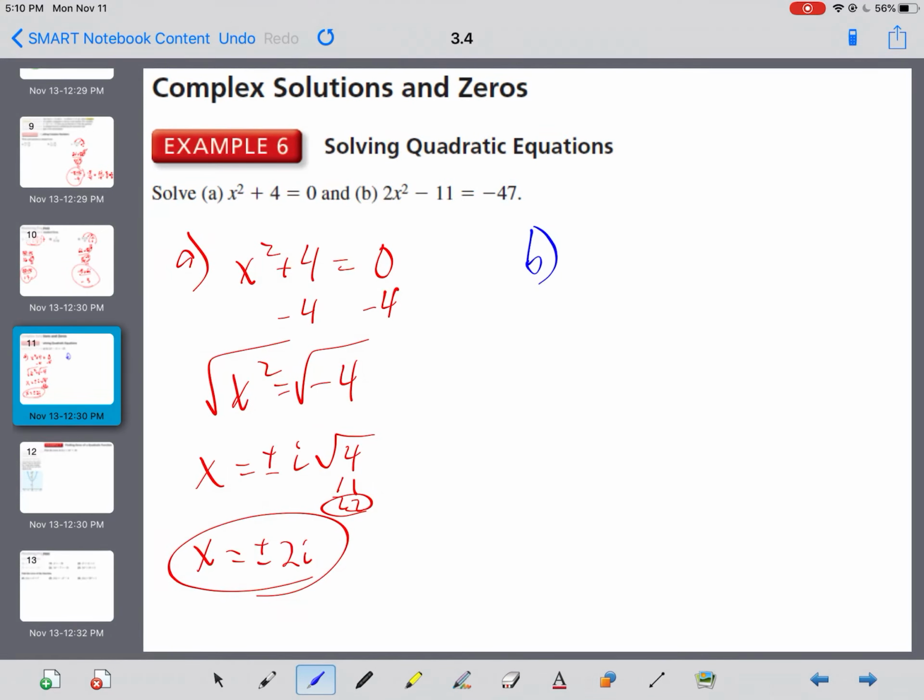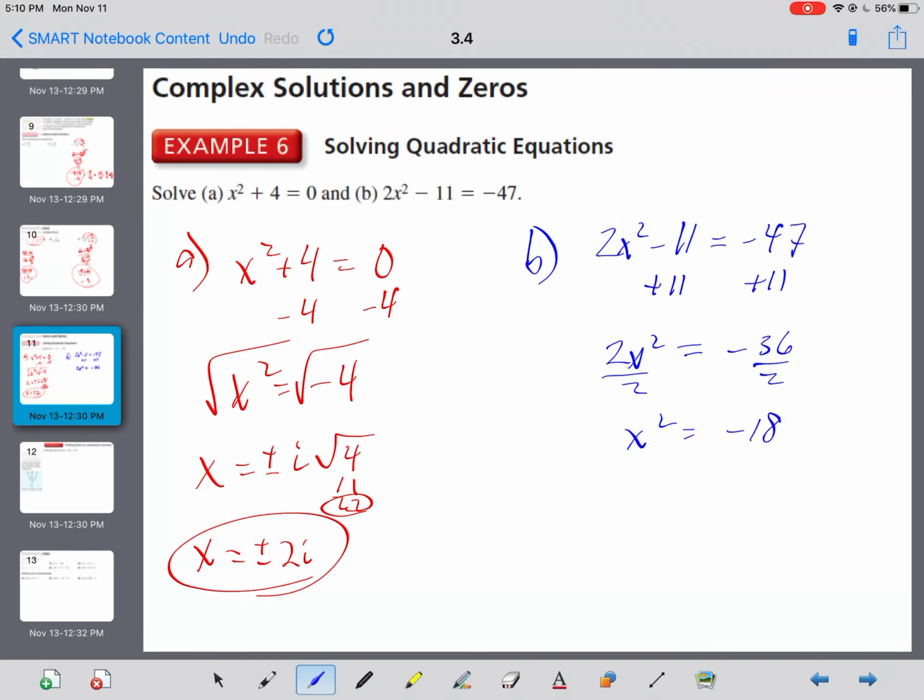Let's check out B in blue. 2x squared minus 11 equals negative 47. Got to set it equal to 0, so let's add 47 to both sides. Actually, I wanted to get x by itself. Let's do that the other way. Since I don't have a linear term, let's just get x by itself. Let's add 11 to both sides. 2x squared equals negative 36.